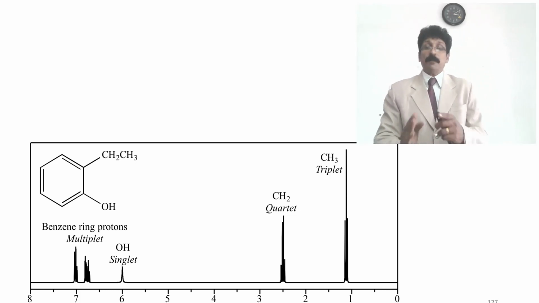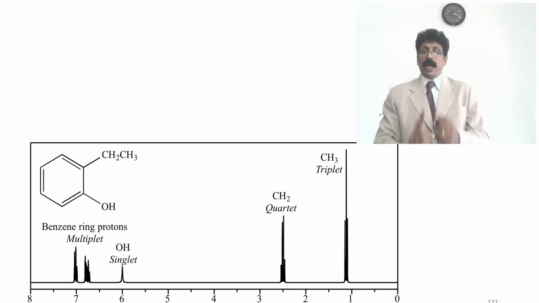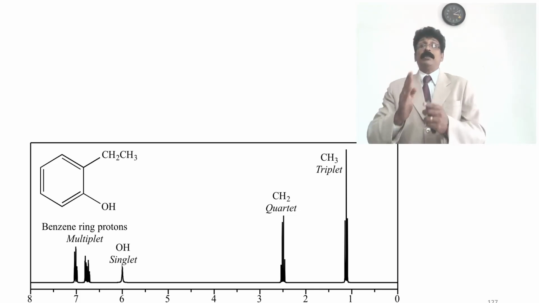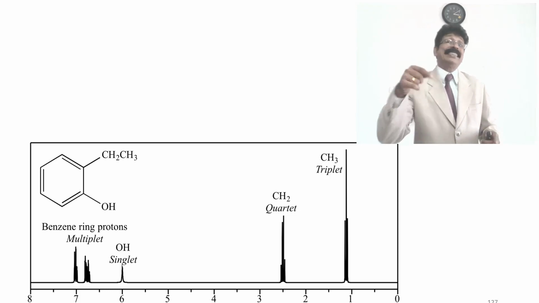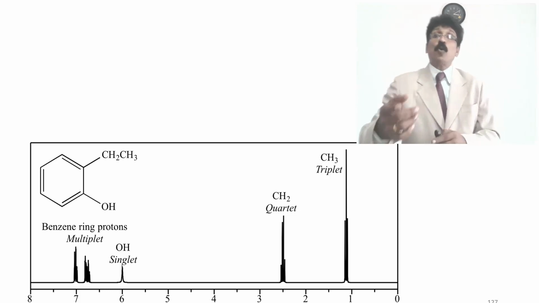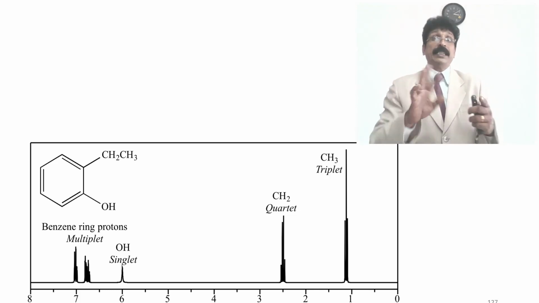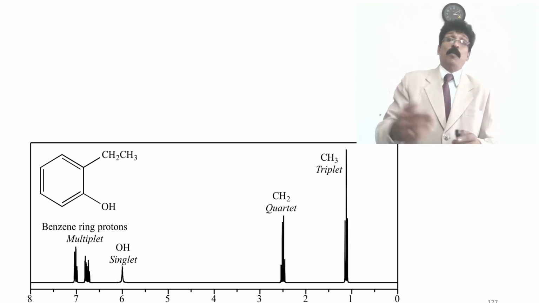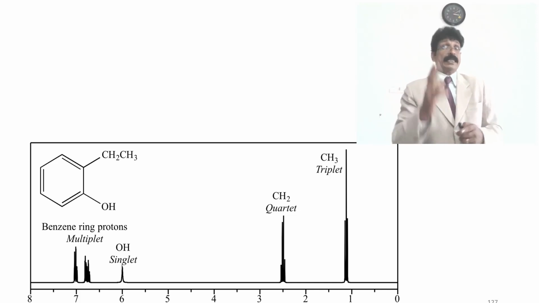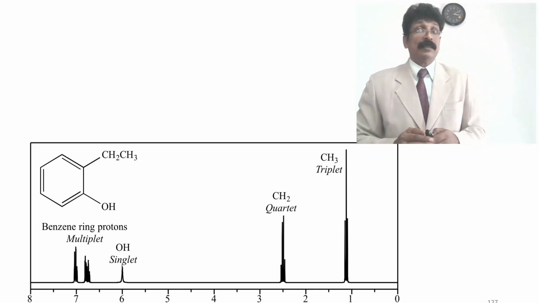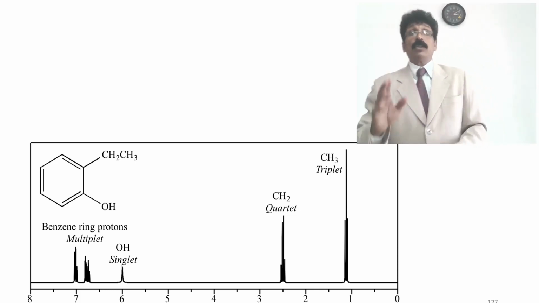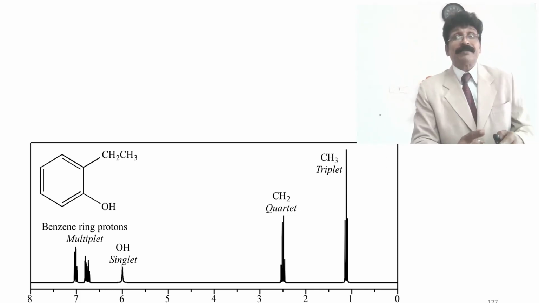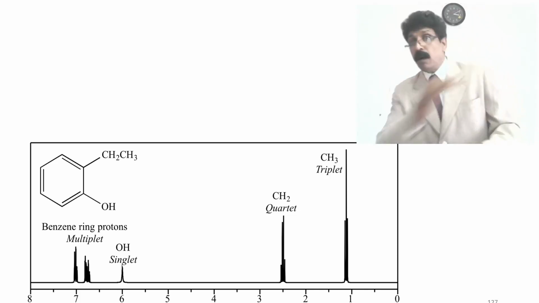Quartet means one big and another 4. Triplet means one in the middle and 3. So you can see there is CH3, CH2, quartet. Why is it a quartet? Because CH2 is there. It is attached with one double bond of the ring structure. So a quartet type of CH2 is there, and also a triplet type of CH3 is there. And OH is a singlet. O is separate, that is a functional group.